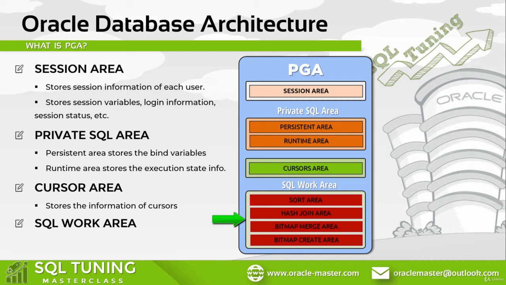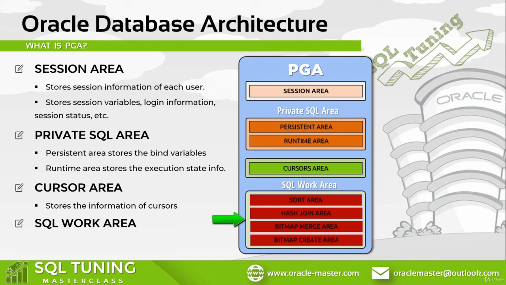As you can see, it is divided into four sub-areas. In the sort area, the data read from the disks is sorted because of the order by, group by, rollup, or window commands of your queries. You can easily understand what the next ones do by their names. They do hash join operations, bitmap merge, and bitmap create operations.